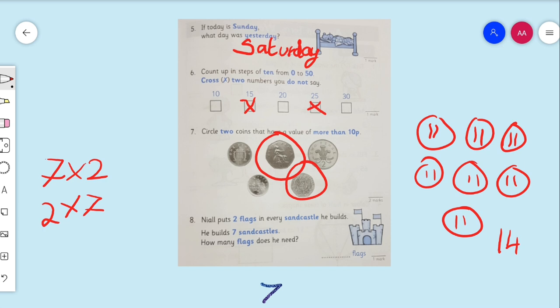And when you do something times 2, you're also doubling. And doubling is also like 7 plus 7. So the 2 you're timesing with, you plus it with the same thing. So 7 plus 7 is 14. So 7 times 2 is 14, and 2 times 7 is 14. So our answer is 14. With 2 ways we get the same answer.